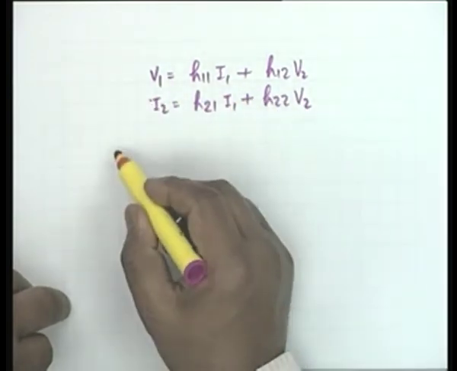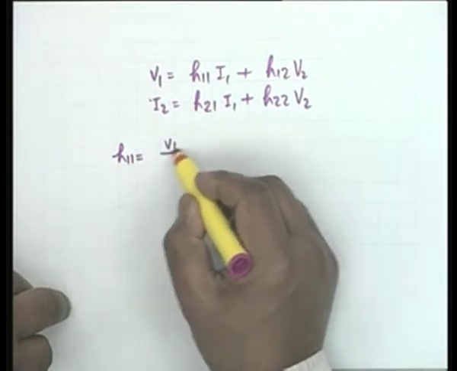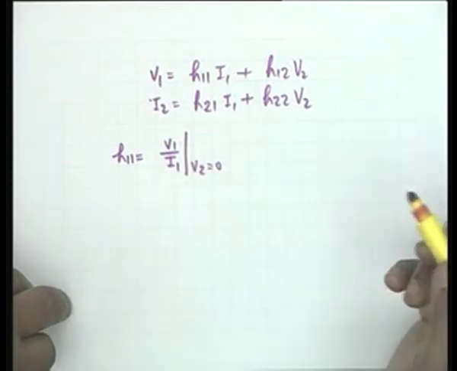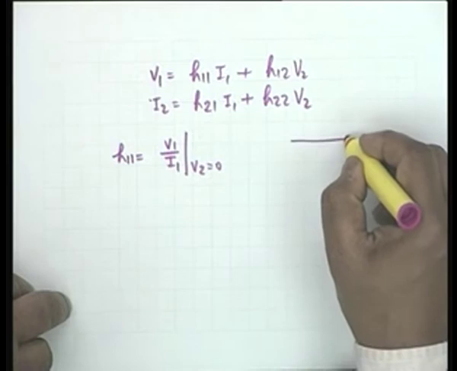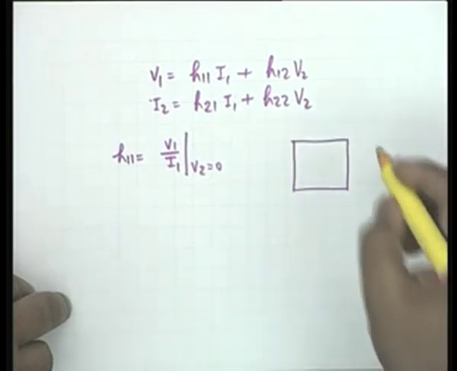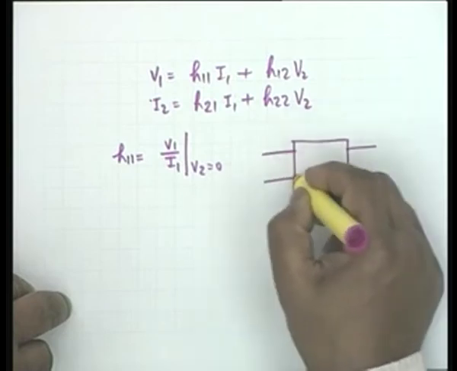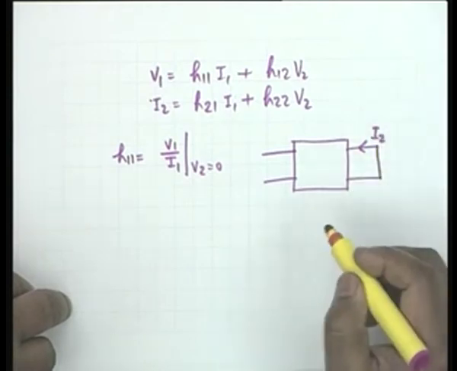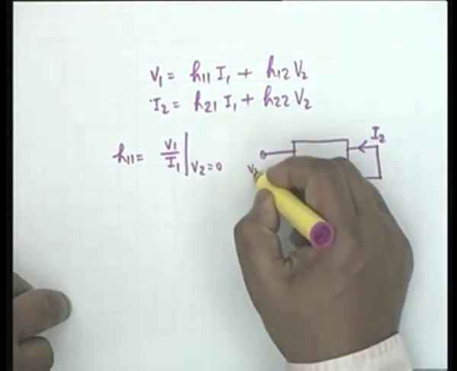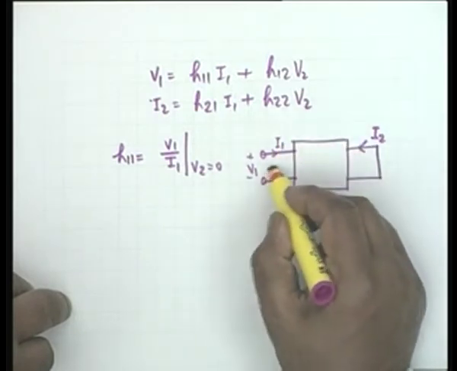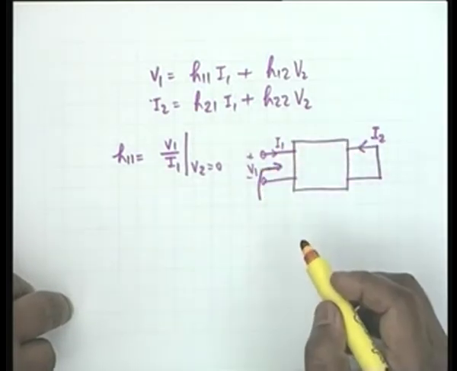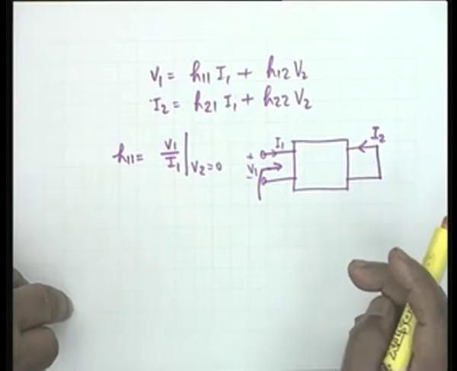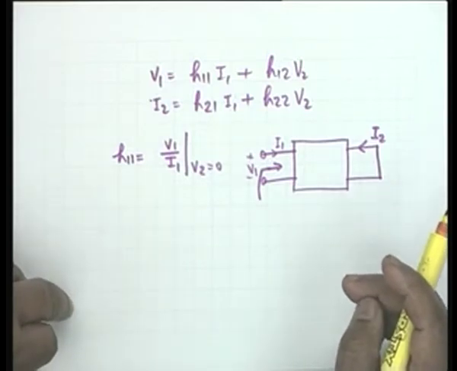Now, if you look at the definition, H11 obviously is V1 by I1 with V2 equal to 0, the output short circuited. We will go very slowly. Let us look at the condition. V2 equal to 0 means this is short circuited. This is the current I2, which is not of interest. What is of interest is V1 by I1, and therefore it is the input. V1 by I1 is the input impedance under short circuited output.